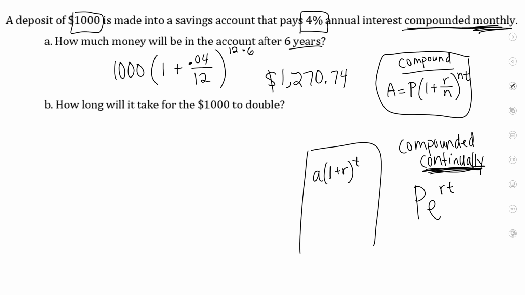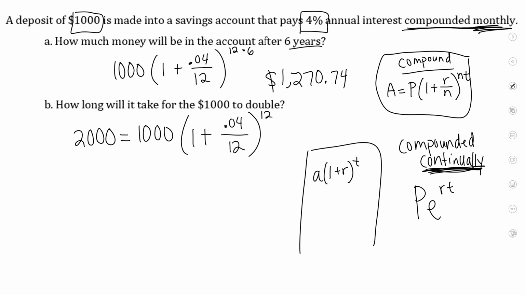Okay, now it says, how long will it take for the 1,000 to double? If it doubles, how much are we talking about? 2,000. Okay, so we want to know, how long will it take for it to become 2,000? Well, the initial amount is 1,000. The rate is 0.04, and we're still compounding it monthly. So we'll still have those there. However, we don't know time because it's asking, how long will it take?